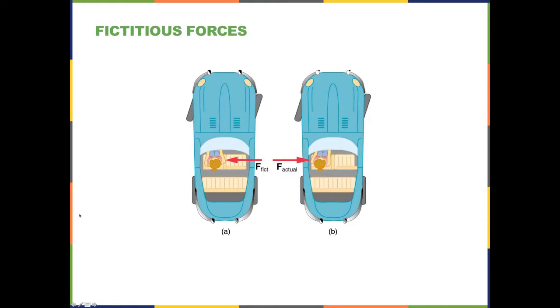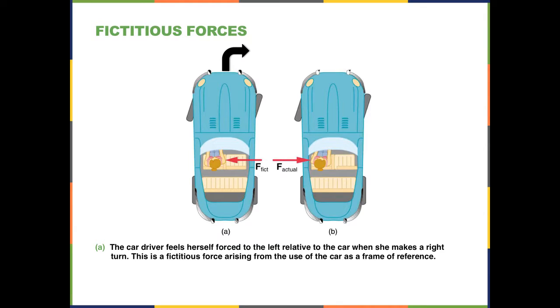Let's talk for a minute about something known as fictitious forces. A fictitious force is something that's perceived but not real. Let's pretend for a second that we have a car and we're driving down the road in this car. This is a woman, so let's say this is Becca driving down the road in a car, and she turns right. When she turns right, she will experience what occurs in diagram A. She will feel her body moving up against the side of the car.